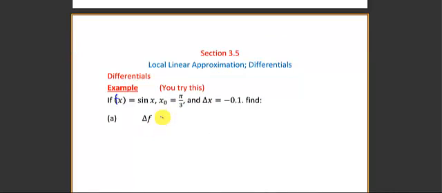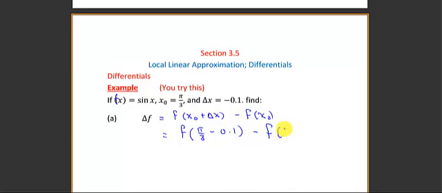Delta f is going to be f of x0 plus delta x minus f of x0, and that will be f of pi over 3 minus 0.1 minus f of pi over 3.